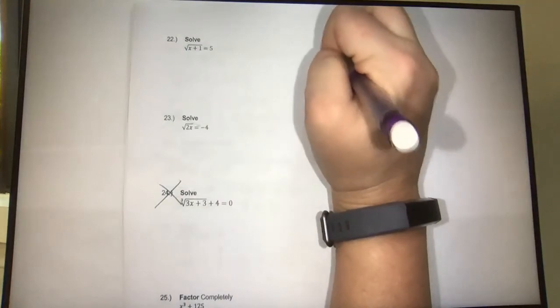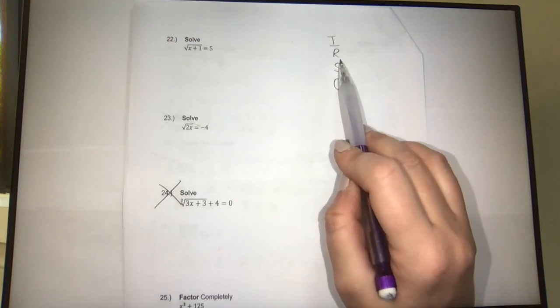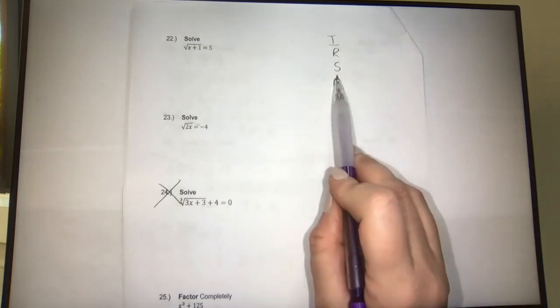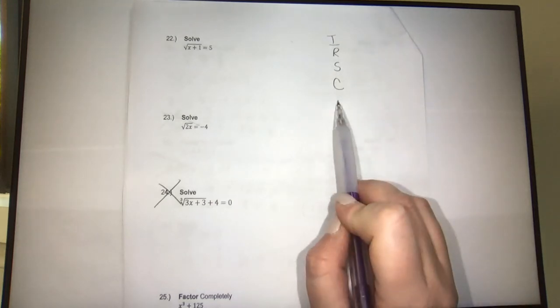All right. So with a radical equation, remember you're following these steps, right? My little IRSC corny thing, right? You're going to isolate your radical. You're going to raise both sides to the power of 2 because that's going to be your index. You're going to have a square root. You're going to solve and you're going to check.